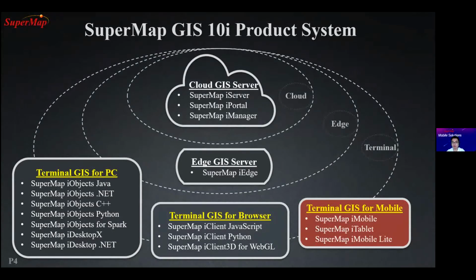For the mobile terminal, we have three versions of our product. The first one is SuperMap iMobile. And then we also have a light version. The iMobile Lite is the free version. And then based on the iMobile SDK, we also have the application called tablet.